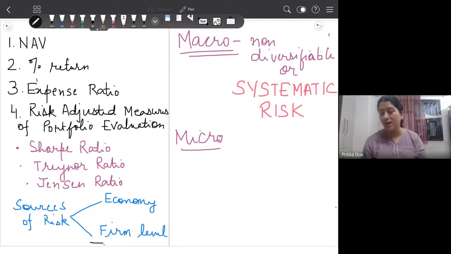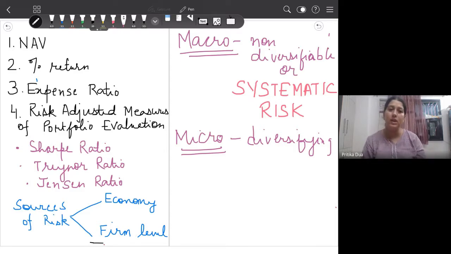Such a risk you can avoid by not having that firm in your portfolio, or by diversifying, moving to more and more securities in your portfolio so that the risk associated with a single firm dilutes. So such risk is diversifiable.